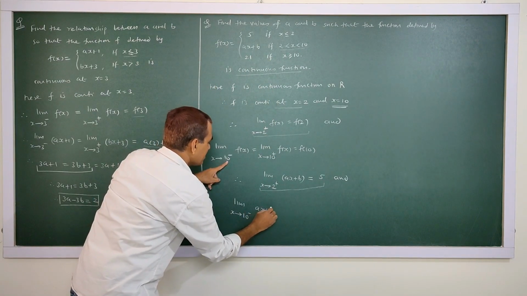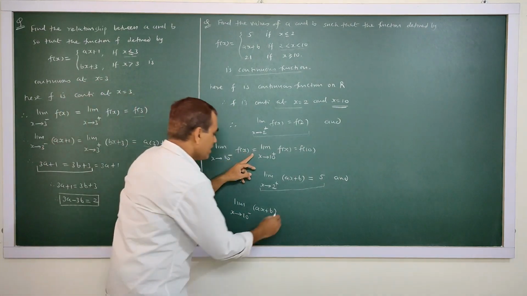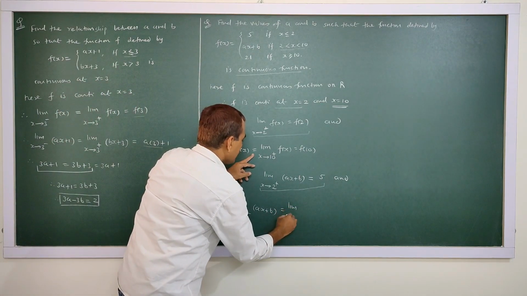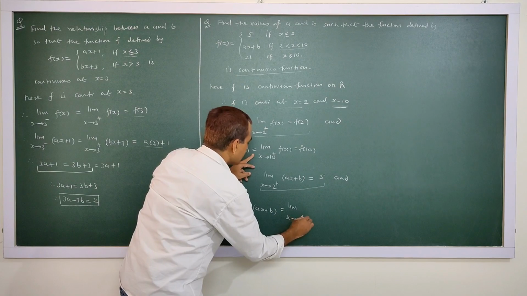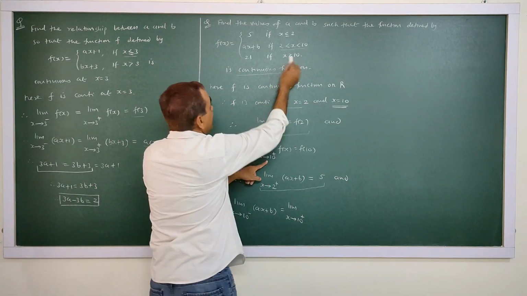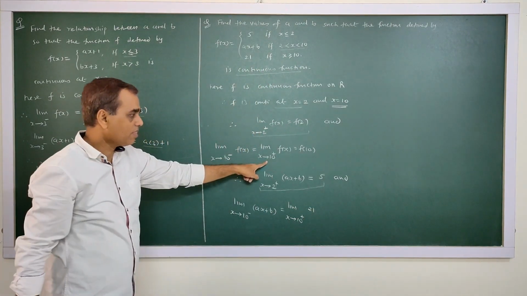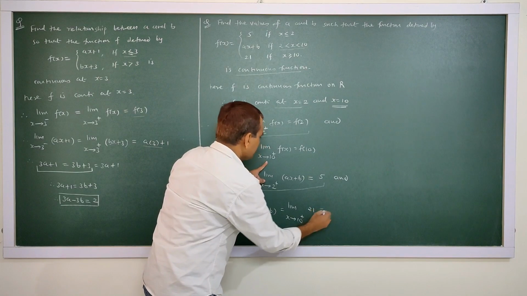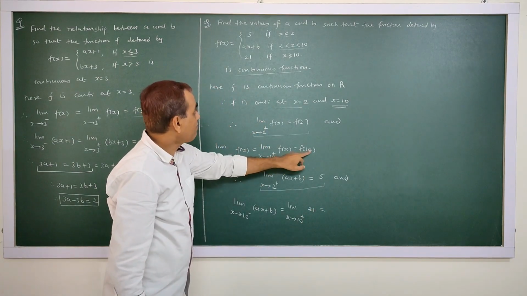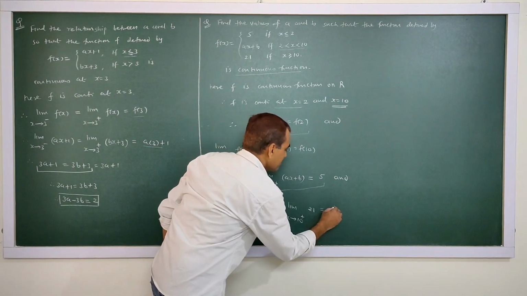So ax plus b, for x less than 10, equals the limit as x tends to 10 from the right side, which means x is more than 10, so it is 21. This is 21, equal to f(10). f(10) is also 21.